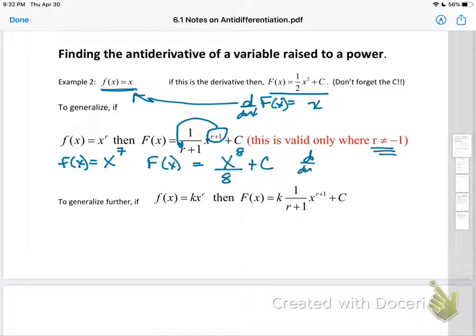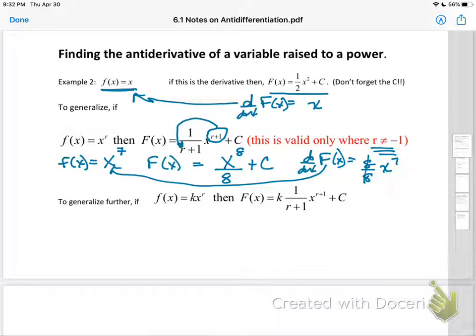The derivative with respect to x of F of x: the 8 comes down, the 8 over 8 cancels, and you have x to the 7, and the derivative of a constant is just 0, so done. Notice this equals this, we're all good.